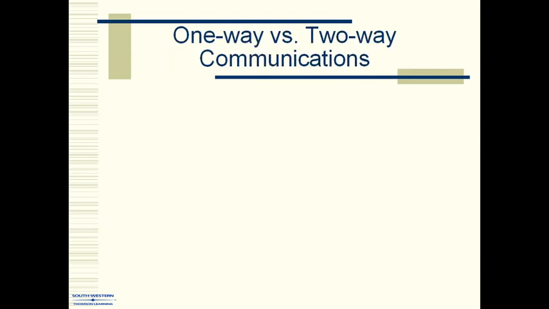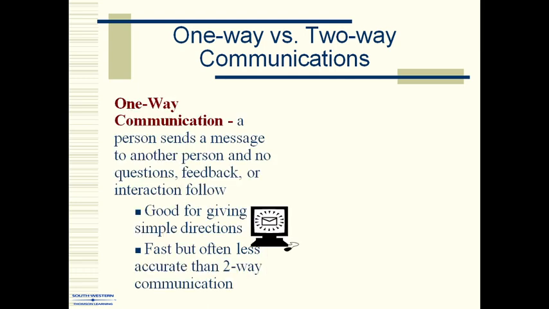And one-way versus two-way communication. This is much more important. We need to know what one-way communication is and what two-way communication is. What does one-way communication mean? The person sends a message to another person, with no questions, no feedback, and no interaction to follow.